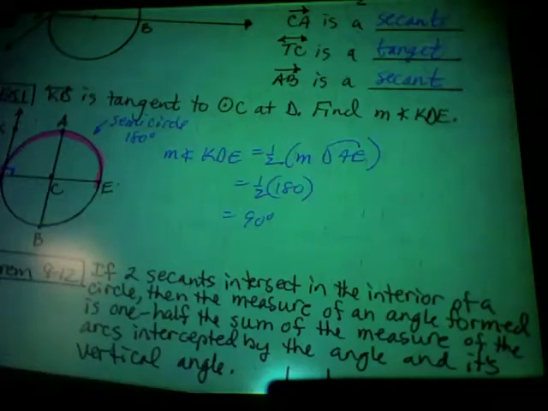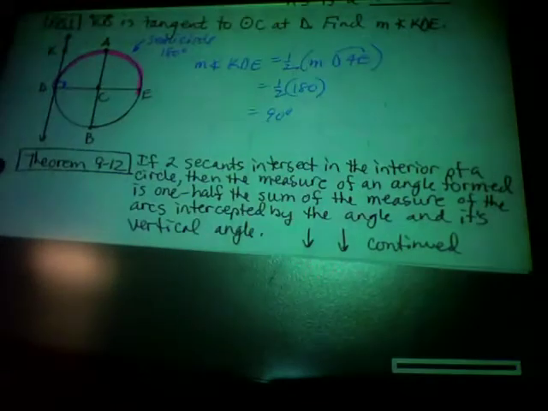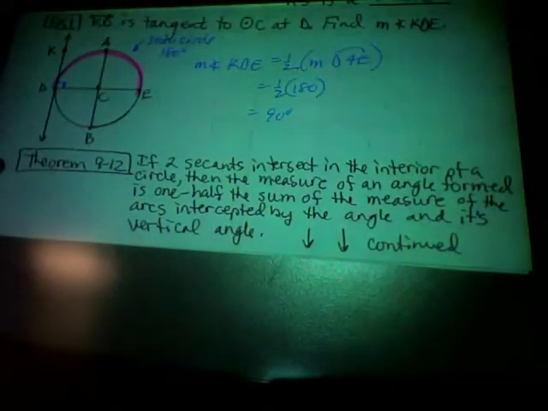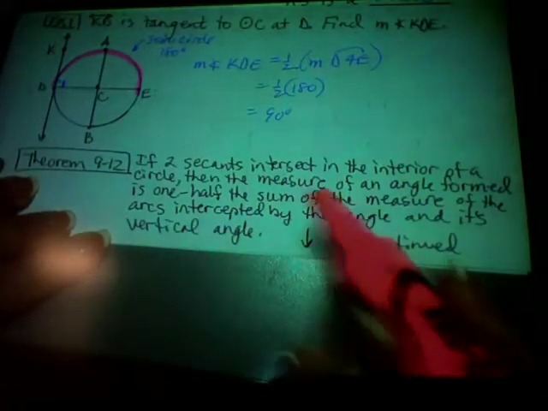Then at the very bottom of this page is theorem 9.12. If two secants intersect in the interior of a circle, then the measure of an angle formed is 1/2 the sum of the measures of its arcs intercepted by the angle and its vertical angle. So we're going to draw a picture.